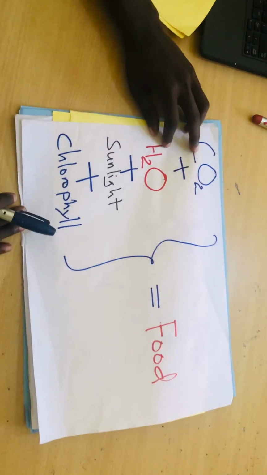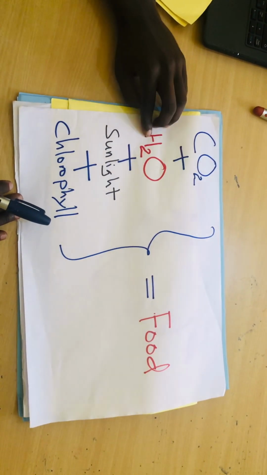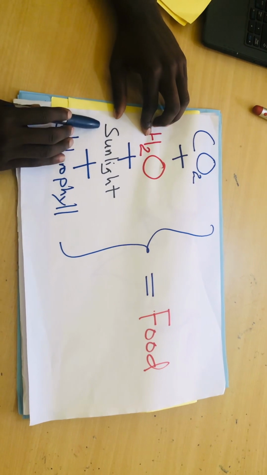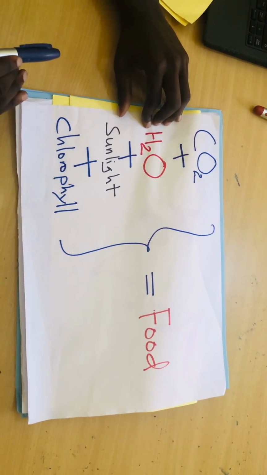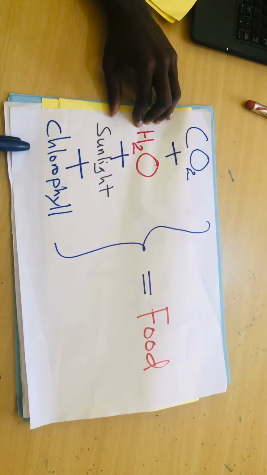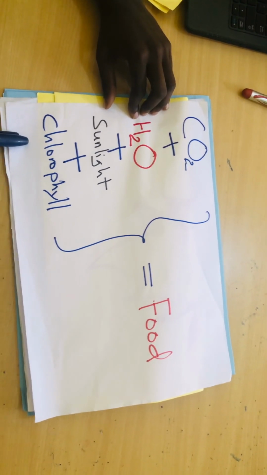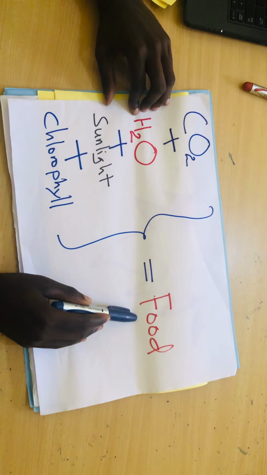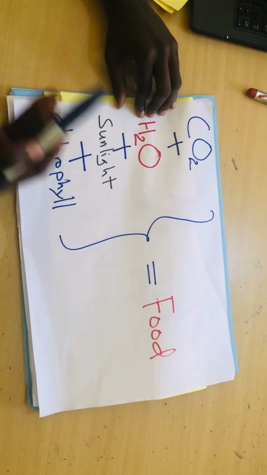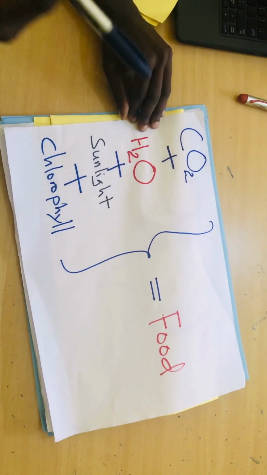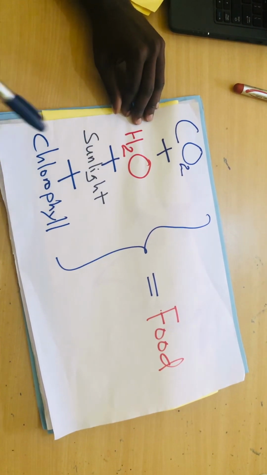Materials include carbon dioxide, water, sunlight, and chlorophyll. So after a chemical reaction of these substances, the end product is food. So food has been made from the combination of carbon dioxide, water, sunlight, and chlorophyll.